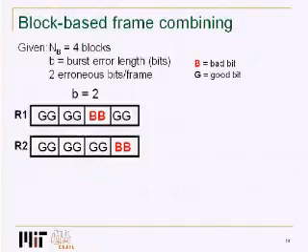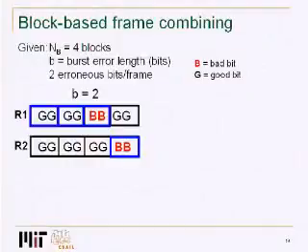What this suggests is that instead of doing this bit by bit, we can do it by chunks, by blocks. As you can guess, you divide a frame into a limited number of blocks so that you can bound the computation complexity, and then you can assemble a correct test frame by a combination of these blocks.